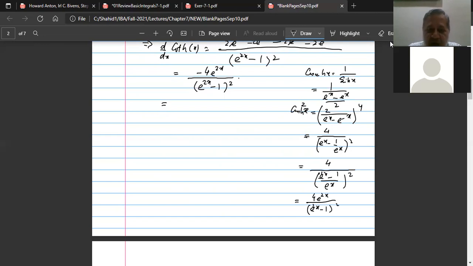And now it is in the required form, minus 4 e raised to power 2x. A minus b whole square or b minus a whole square is the same. So e raised to power 2x minus 1 whole square. And the result is now obtained as this. So the derivative of cot hyperbolic x came out to be minus cosecant hyperbolic square x.